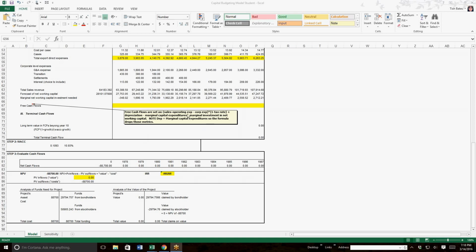So we have to figure out 1 minus the tax rate plus depreciation minus marginal capital expenditures, which would be this, minus marginal investment in net working capital.